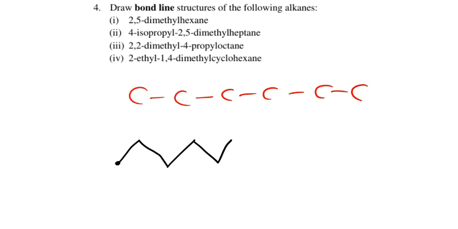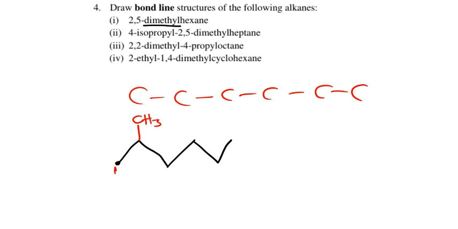Now we are told 2,5-dimethyl. So there is a methyl at position 2 and 5. Let's assume we start counting from this side. So position 2, there is a methyl. So that is a CH3.